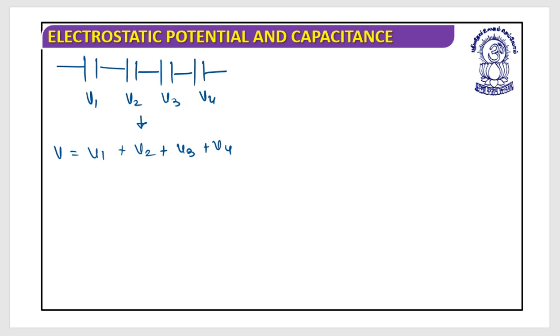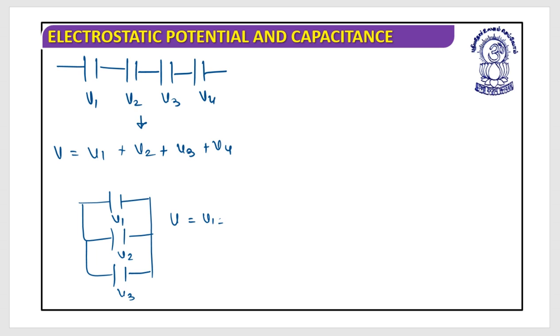Yes, and if I have arranged capacitors in parallel, then the voltage of every capacitor, let's say this is V1, this is V2, this is V3, would be equal. I hope you remember this.